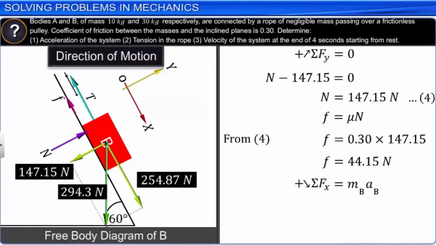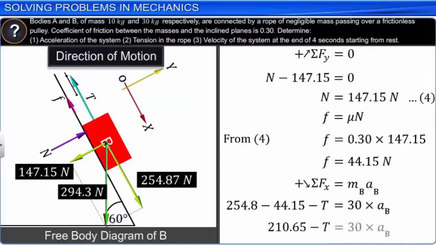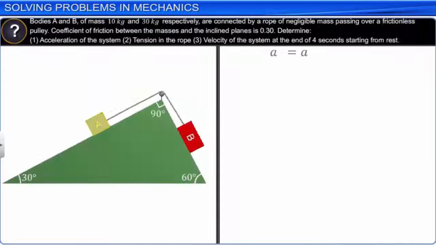Substituting values and solving, we get equation 5 as 210.65 minus T is equal to 30 times the acceleration of B. Since A and B are connected to each other with a rope, the magnitude of their acceleration is equal.